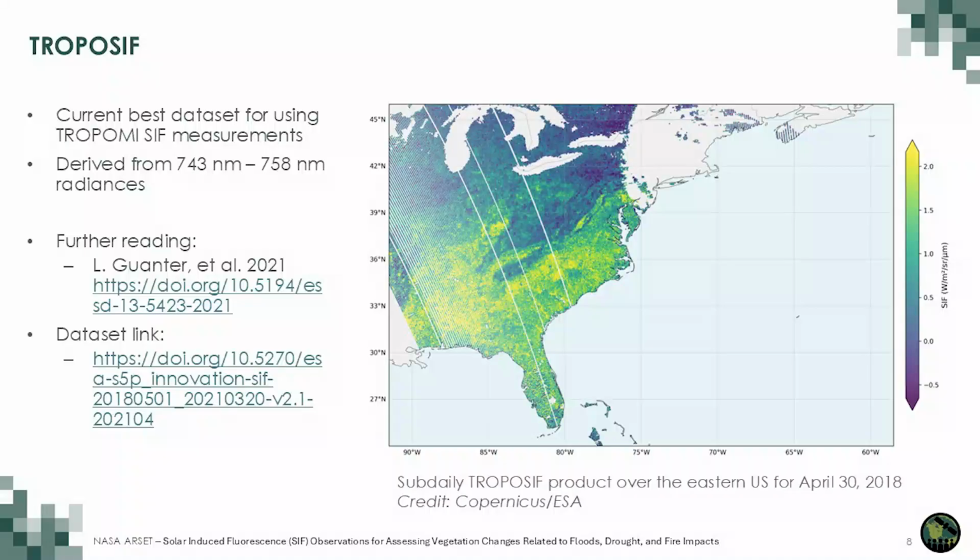One thing to note is that there's no direct comparison between OCO2 and 3 757 nanometer SIF and the SIF from TROPOMI, so it's best for you to compare only the 740 nanometer SIF data between the 2 instruments. And again, as with GOSAT, I've linked a paper describing the theoretical basis for the SIF retrievals from TROPOMI, as well as a DOI link to the dataset itself.